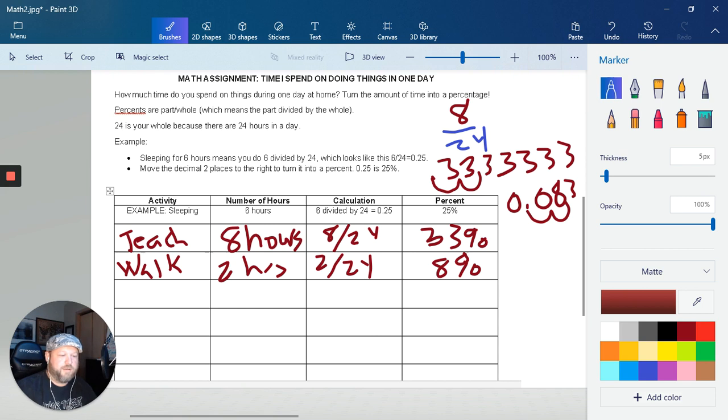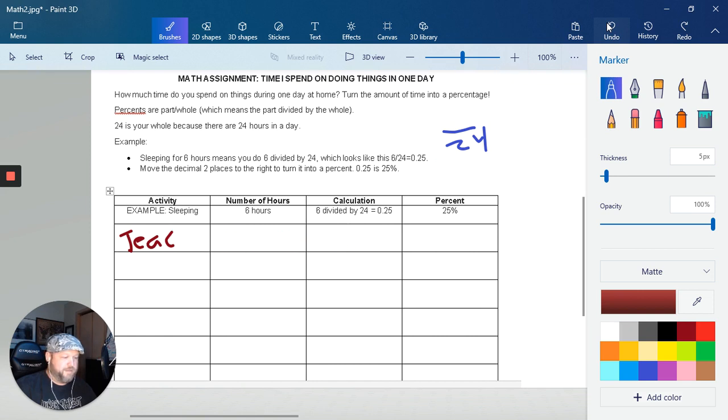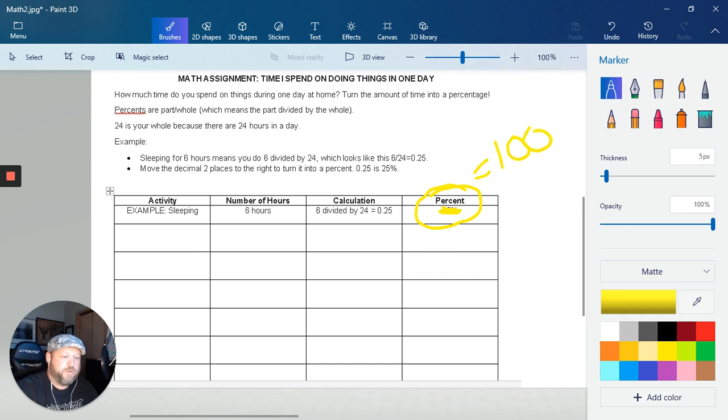Fairly easy? All right. Here's the tricky part. I'm going to erase everything. All right? Because y'all need to pay attention to this. Let's switch over here. Right here, your percentage, don't pay attention to the 25. Percentage has to equal 100.